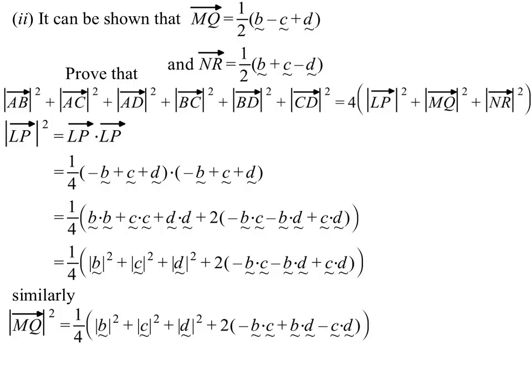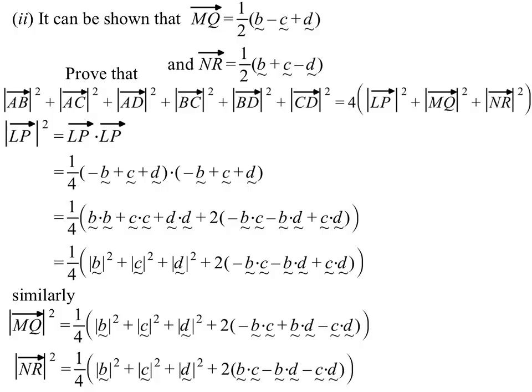Okay. So looking at that pattern, I can go, well, MQ squared then must come up with this one. The ones with negatives will be the ones that involve c. And then I could come up with that pattern for NR squared. And so for NR, it was d that was negative. So the ones that will be negative in the parentheses there will be the ones that involve d.